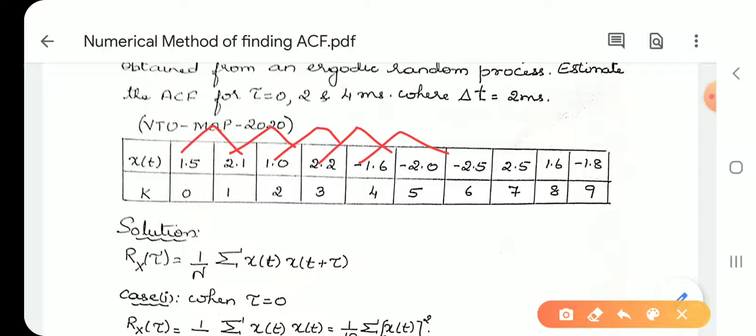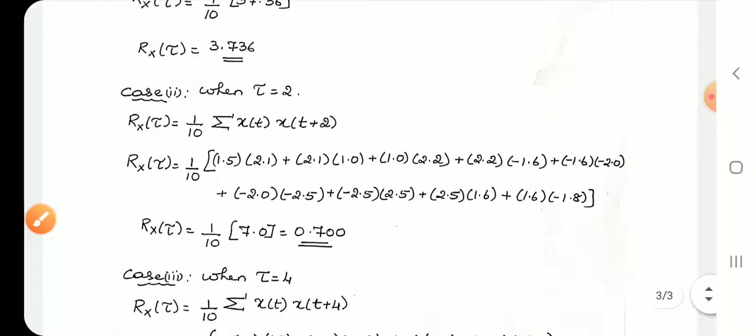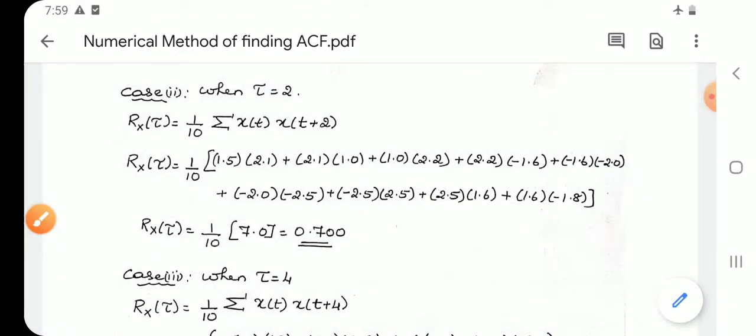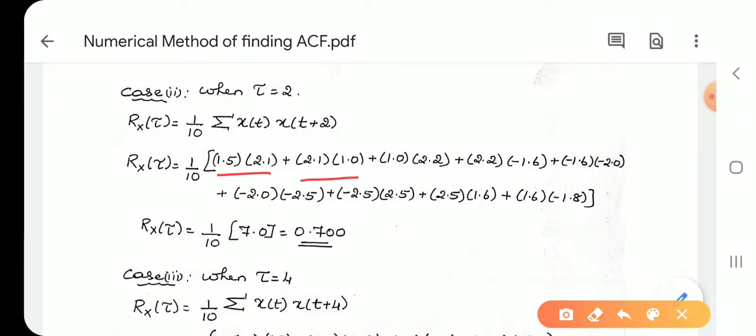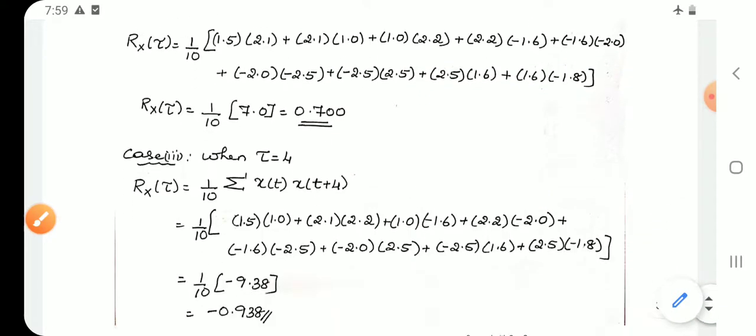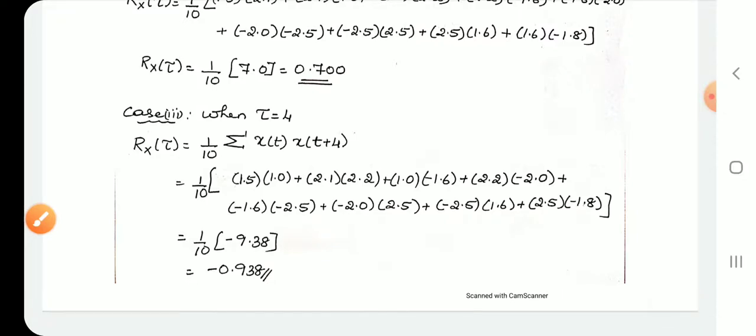The consecutive values we will multiply together and add. That is 1.5 into 2.1, 2.1 into 1.0, plus 1.0 into 2.2, plus 2.2 into minus 1.6, plus minus 1.6 into minus 2.0. If these products are added together and divided by 7, it gives 0.700.